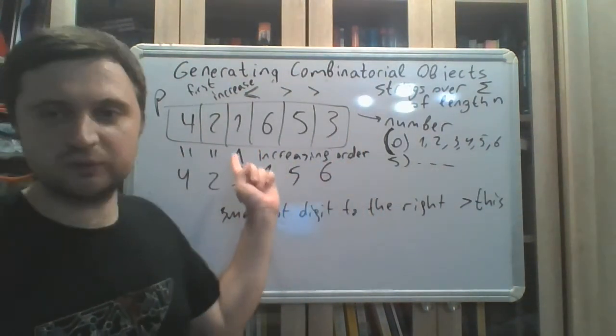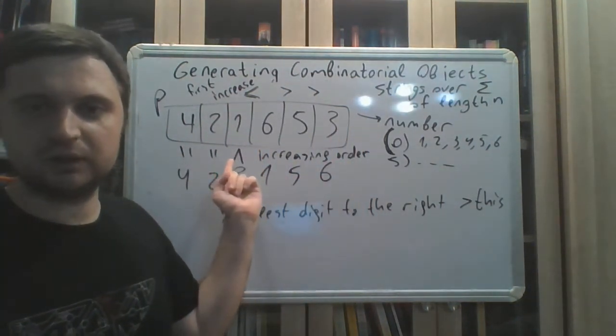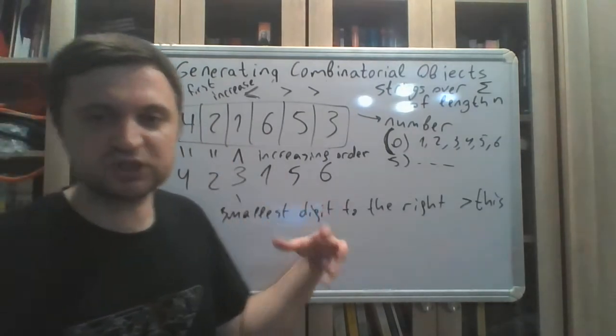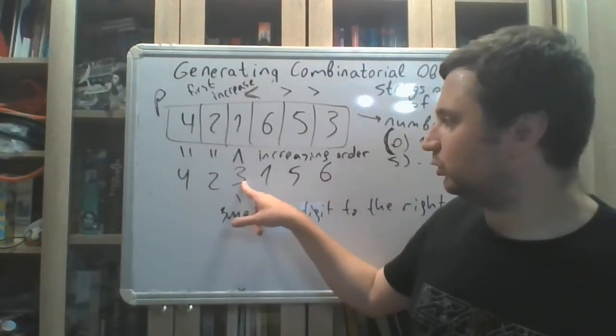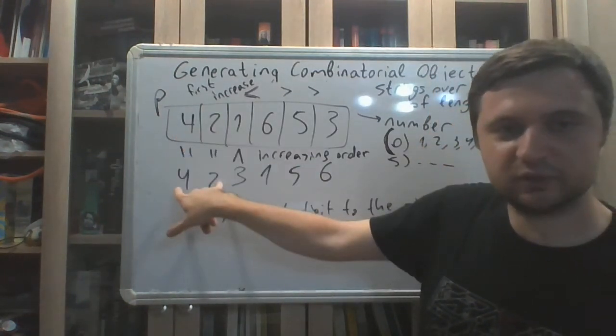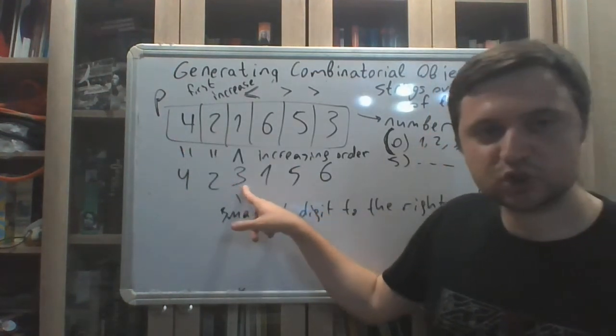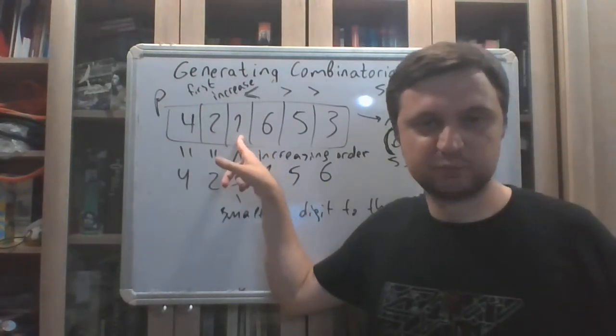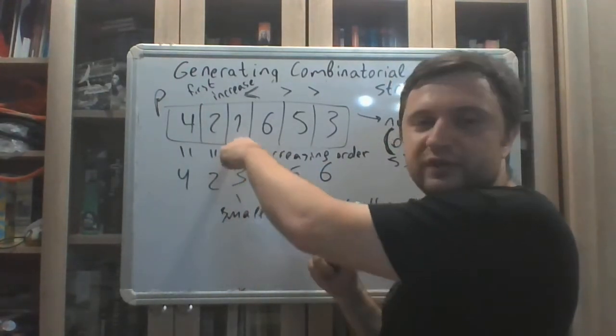Once you have found this position that is as far to the right as possible, these digits are obvious, you just copy these values. And this digit should be as small as possible, but of course larger than your one.